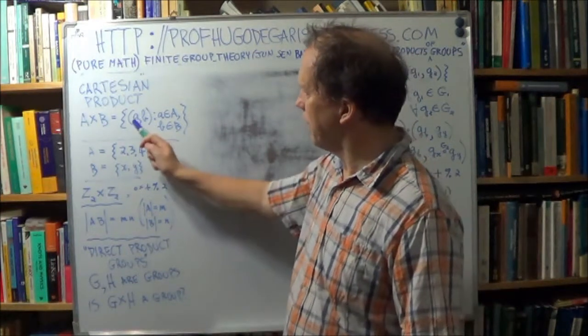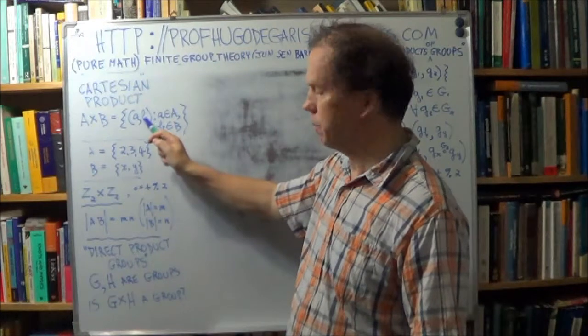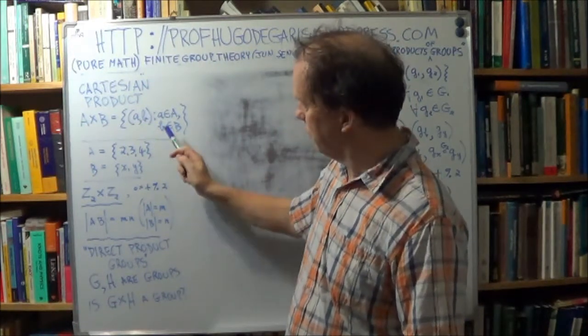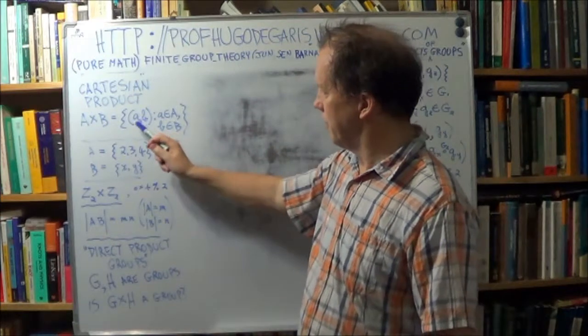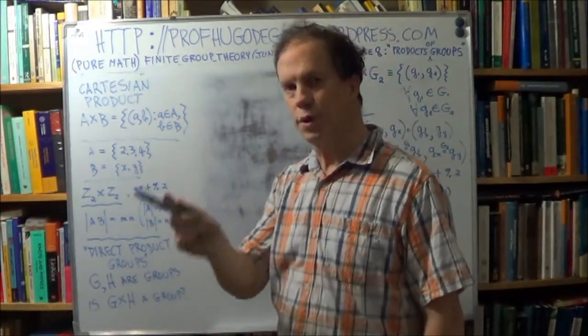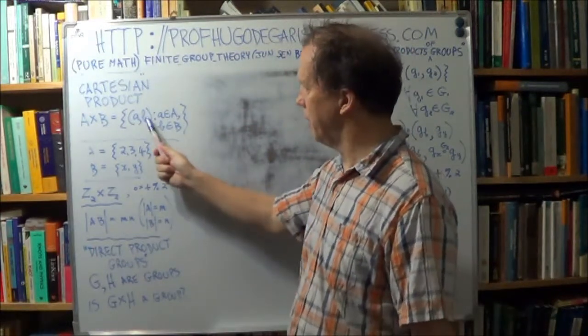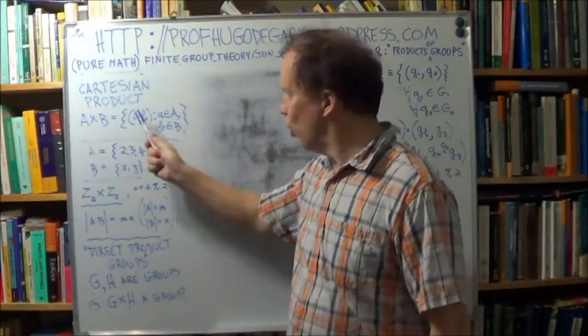elements, like a would be an element of the set big A, and little b here would be an element of the set big B. And remember, you just have two elements here, and the order is important, and you have a pair of them, and since the order is important, you talk about an ordered pair.